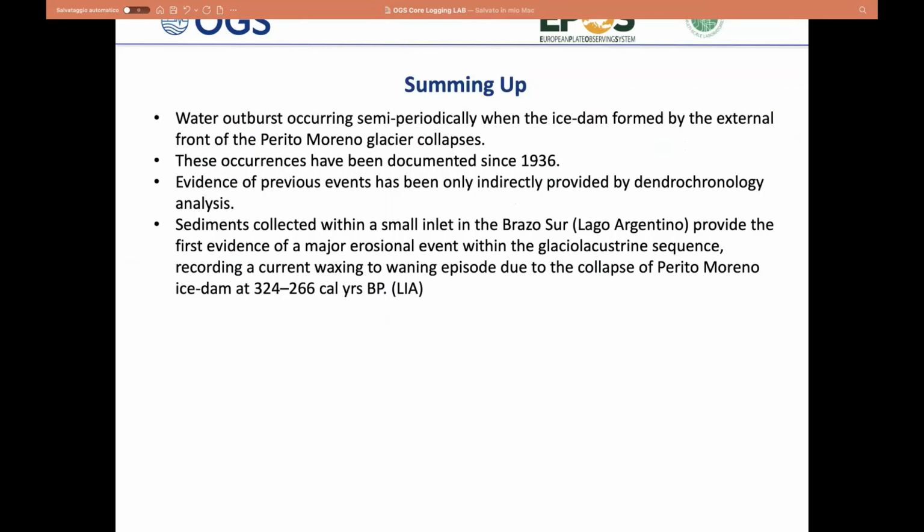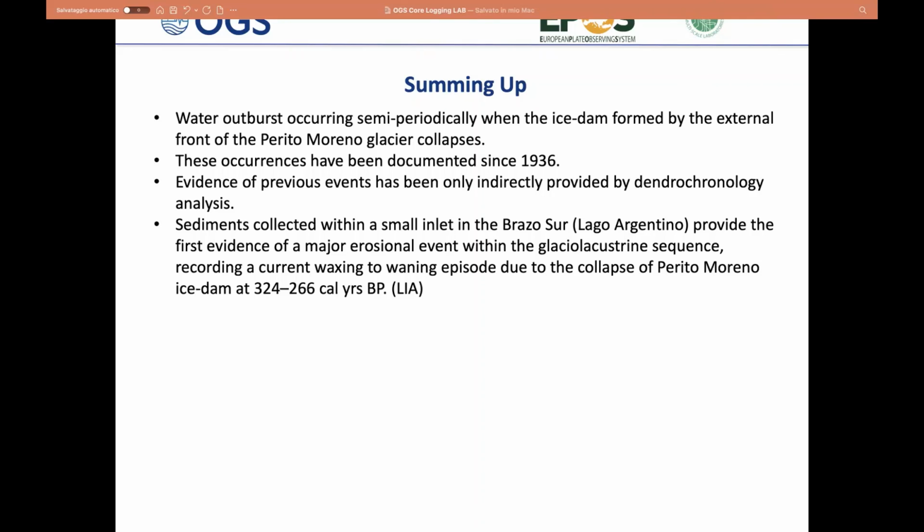So, summing up, this water outburst occurs semi-periodically, every year, more or less. This occurrence has been documented since 1936, and evidence of previous events has only been indirectly provided by dendrochronology analysis.